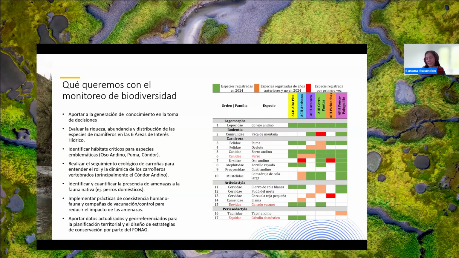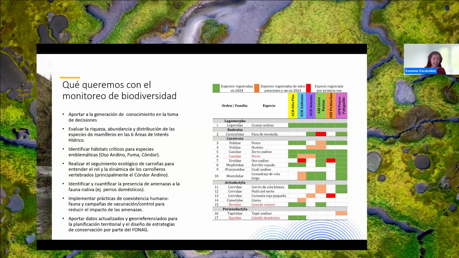This is with the goal to understand which species feed on carrion once it is available in the ecosystem. For us, this is quite important because it helps us identify, for example, a lot of the exotic species that we have in the area, especially domestic animals, generally called feral dogs. We can also have some domestic animals that we're taking care of and they become feral.